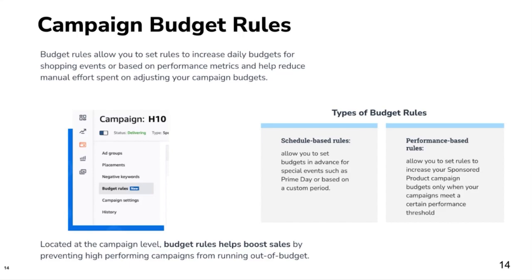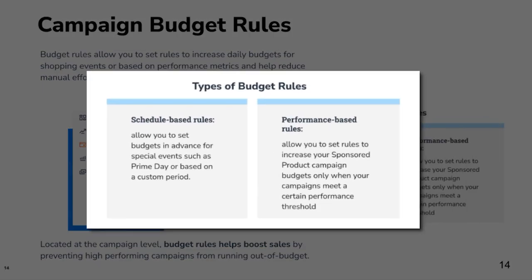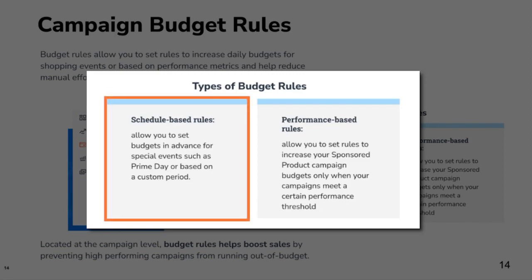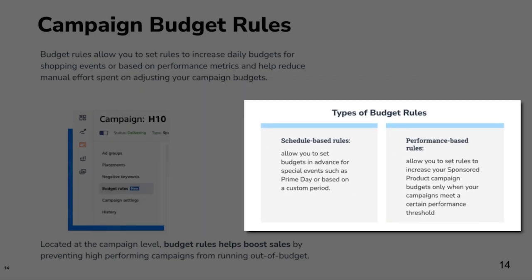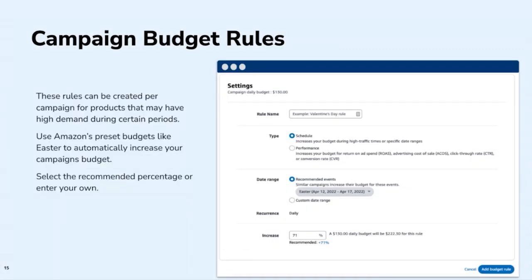These are found within the campaign level in the menu, and I'll pop into Amazon so you understand what we're talking about. There are two types of budget rules: schedule-based, where you can set up a date, or performance-based, based on different metrics. These rules can be created per campaign for your products that may have high demand during certain periods.